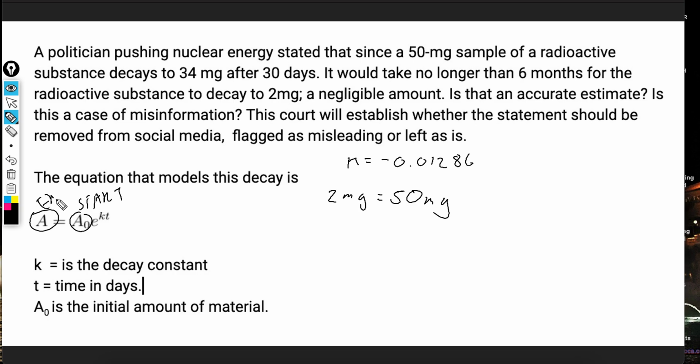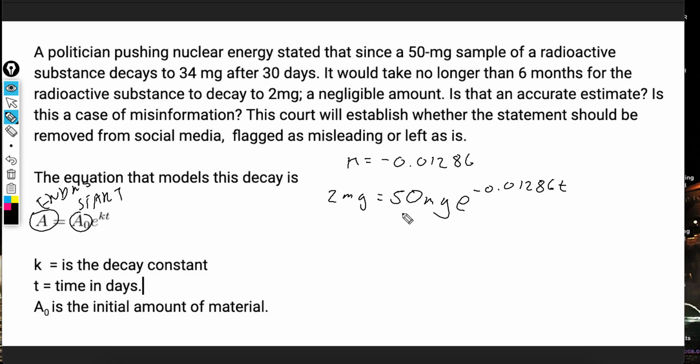Start, ending. We found our K with the initial part. So 2, ending, equals starting, both in milligrams, times e to the negative, now that we found our constant, 0.01286 T. Got it? Cool.